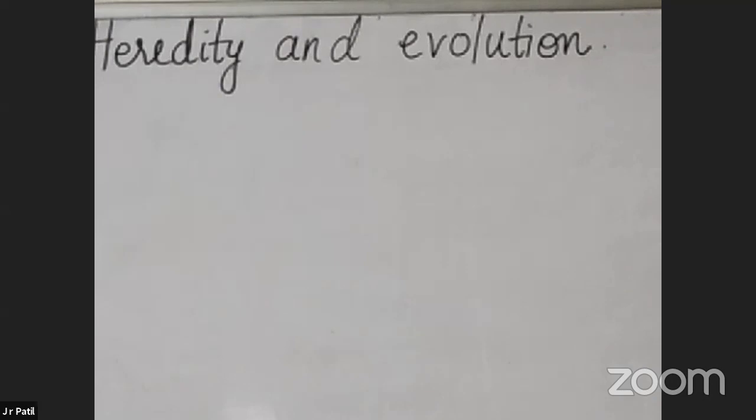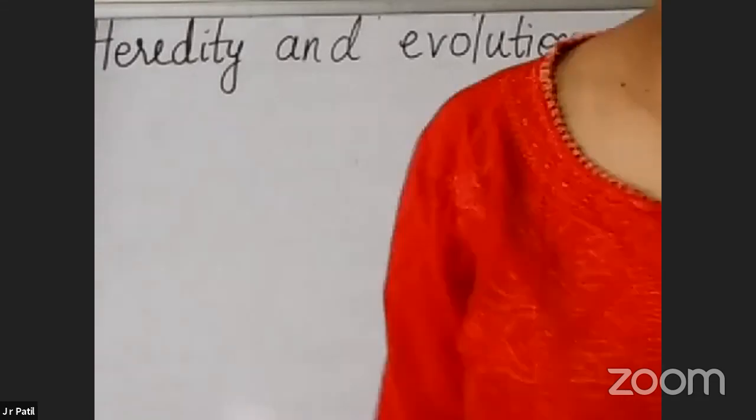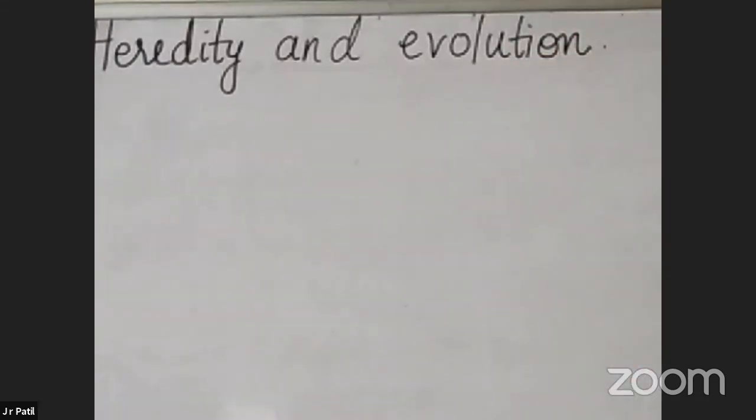Pod shape is inflated and constricted. The dominant trait is inflated and the recessive trait is constricted. Pod color, green and yellow. Green is the dominant trait, yellow is recessive. Height of the plant, tall and dwarf or short. Tall is dominant, the recessive trait is dwarf, that is short.